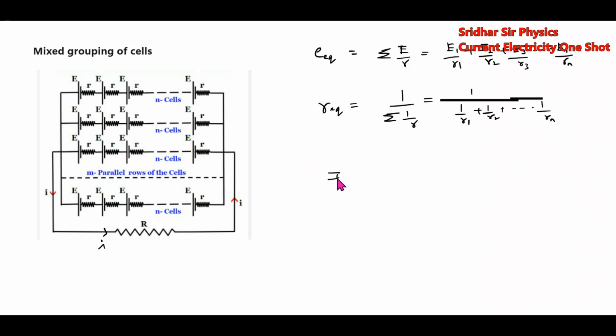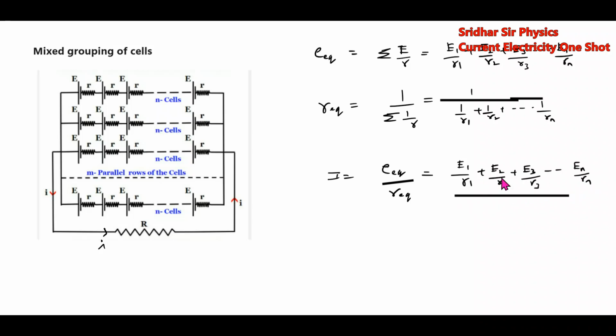So what is the expression for I? I is equal to E equivalent by R equivalent, that is, E1 by r1, E2 by r2, E3 by r3 and so on. You have to remember this formula, sir: E equivalent and R equivalent.